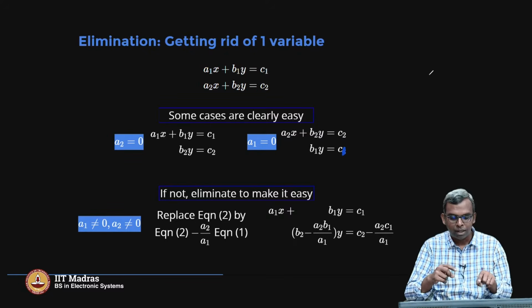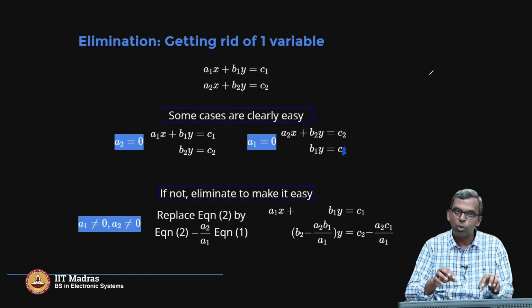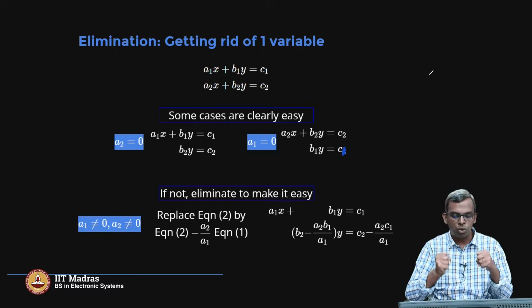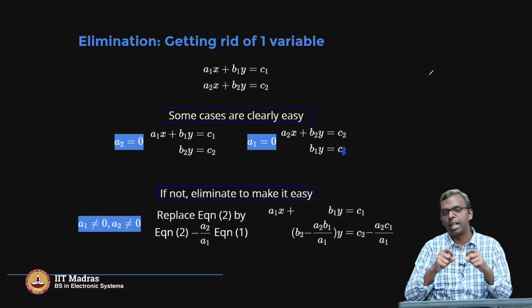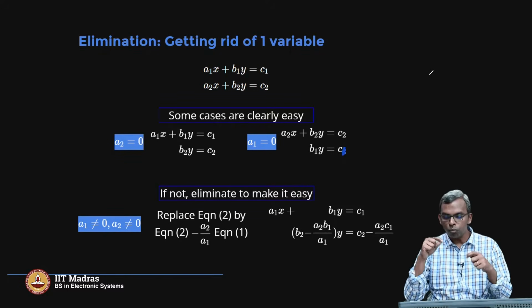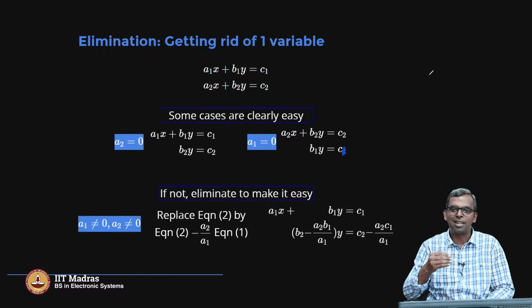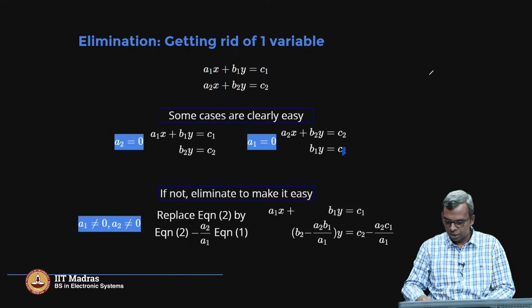Equation 2 minus a2 by a1 into equation 1 is also a valid equation which will be satisfied because equation 2 is satisfied, equation 1 is satisfied. So the linear combination is also satisfied. So I'm using basic logic in combining these equations and getting rid of one of the variables. So I get it to the triangular form, and when I have the triangular form, I know how to solve. So always, with a new problem, you go to a problem that you already know.